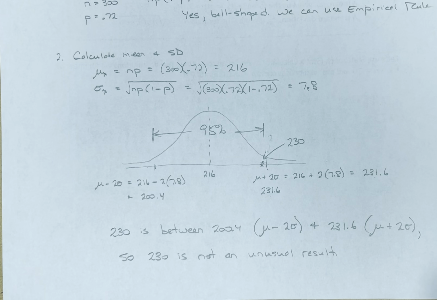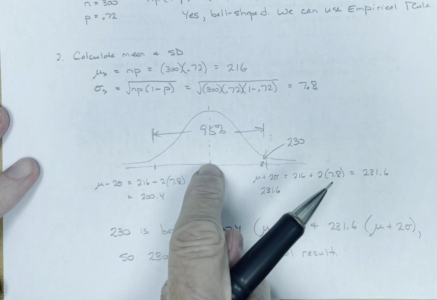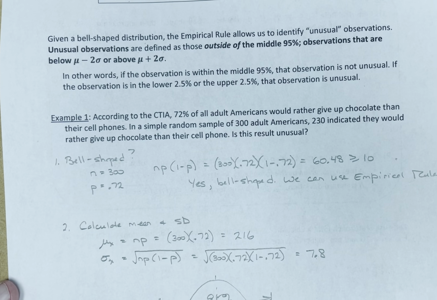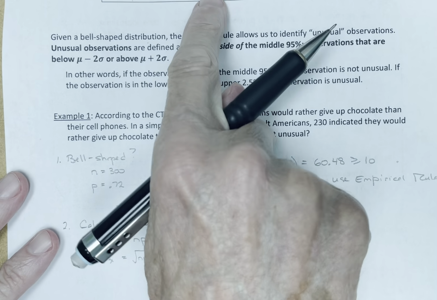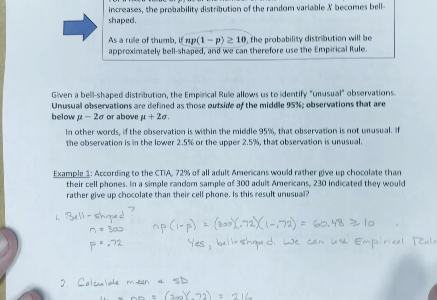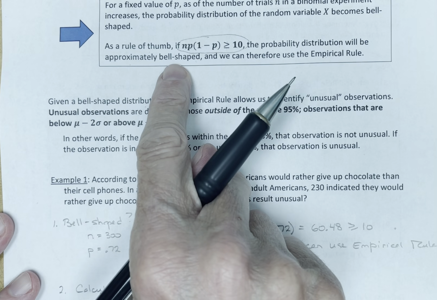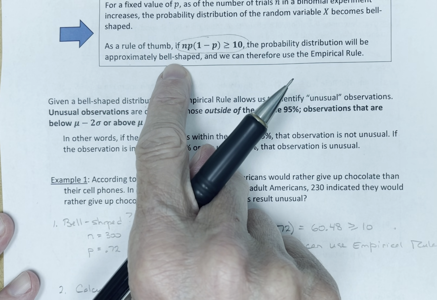Okay, so a lot there. The key pieces as you move forward: as n, the number of trials, increases, it becomes bell-shaped or approximately bell-shaped.